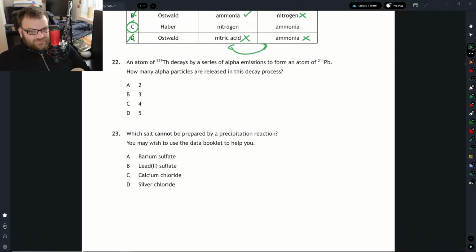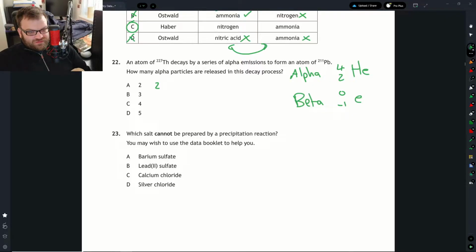Next up, we're talking about different decays of radioactive isotopes. You have got alpha particles, which are 4-2He. There is beta, which is 0, -1, e. Now, we are looking at alpha particles.